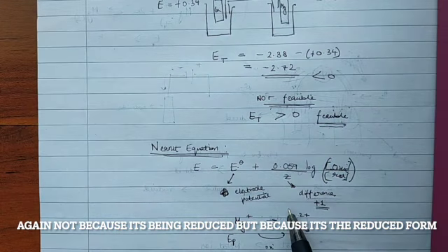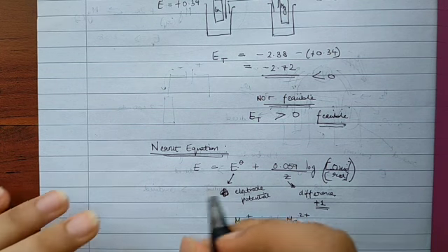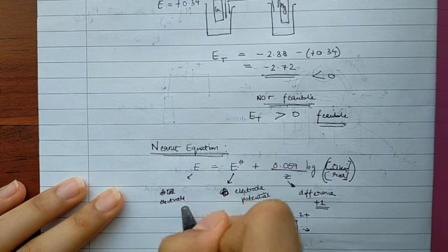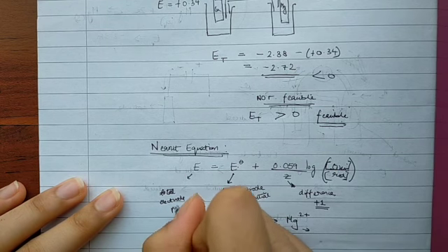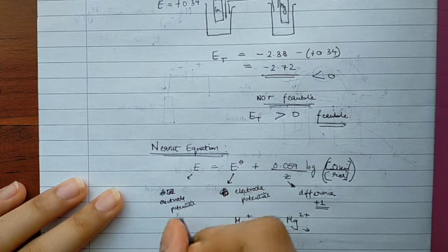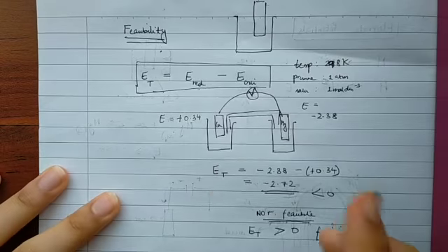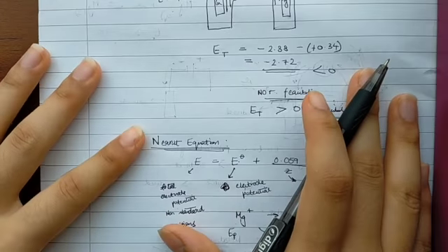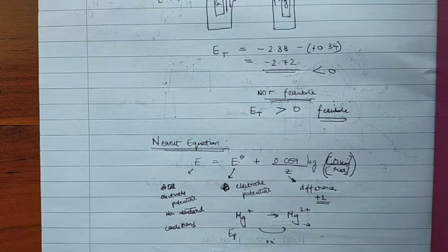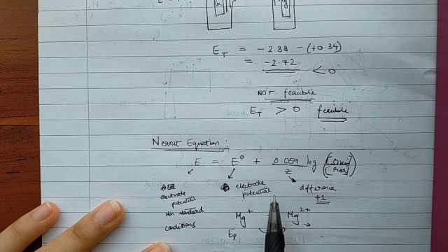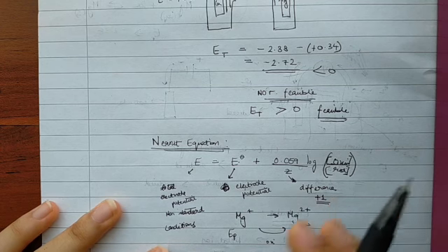And that will give you the total electrode potential in non-standard conditions. So if you have standard conditions, you can straight away go to this equation, but if you have non-standard conditions, you will have to use the Nernst equation. And if you do have standard conditions and you put it into the Nernst equation, it should work either way.